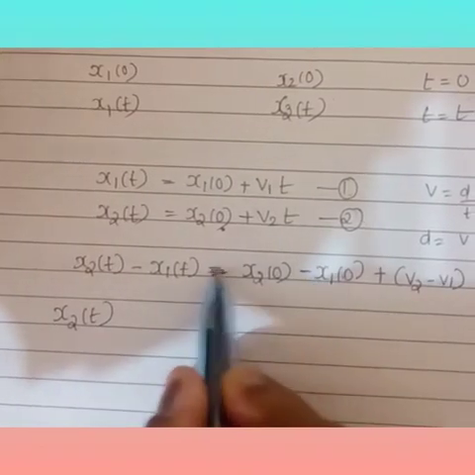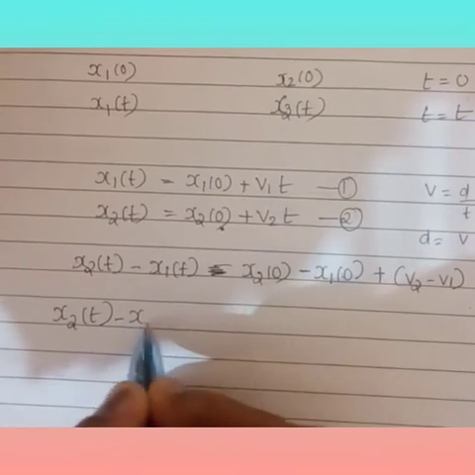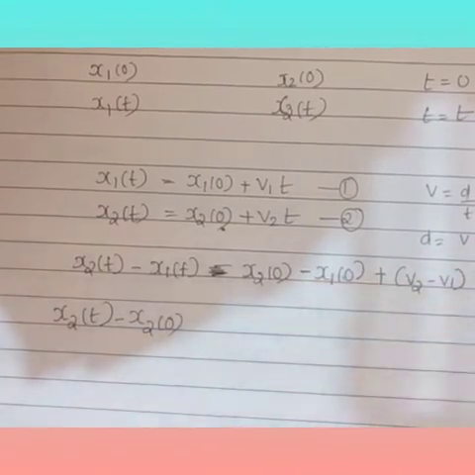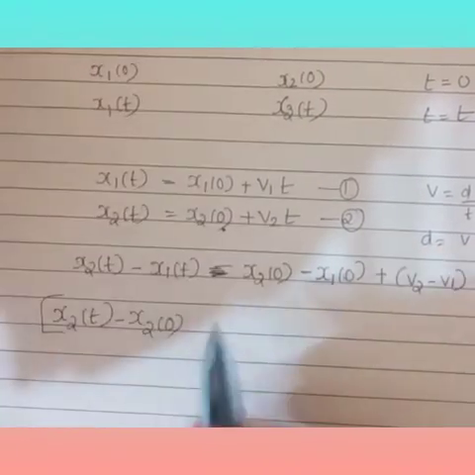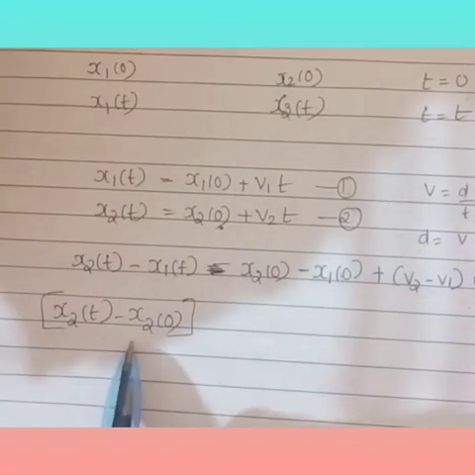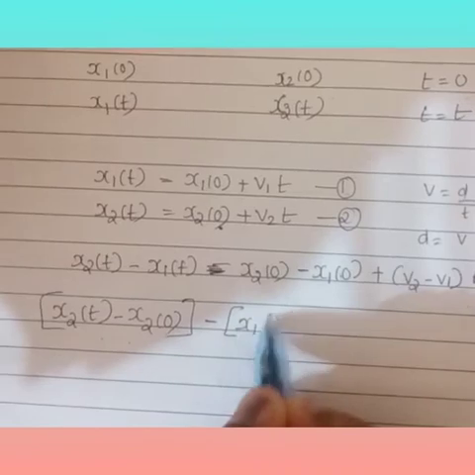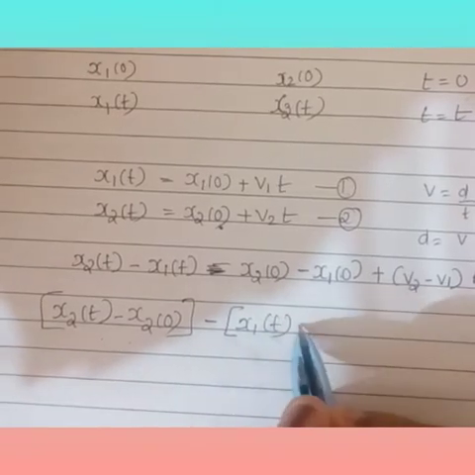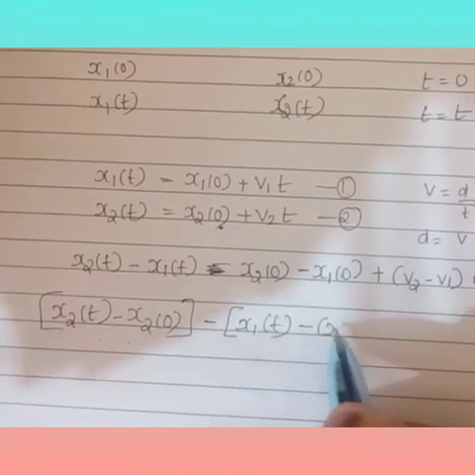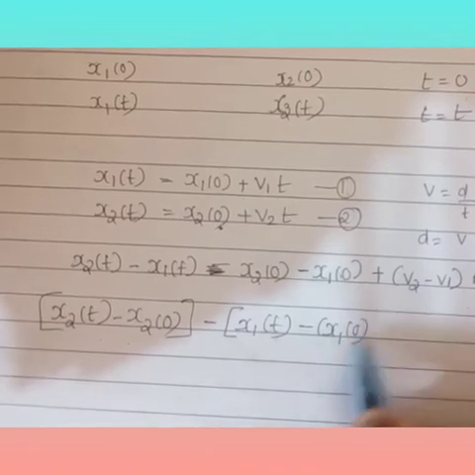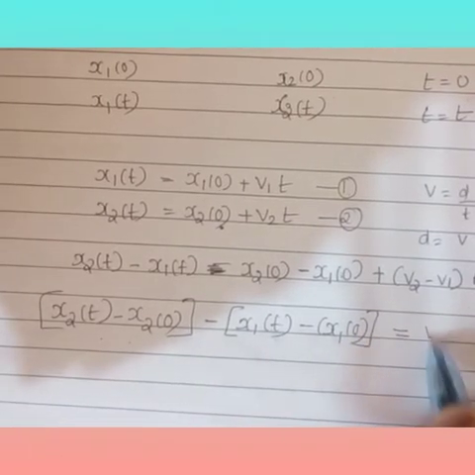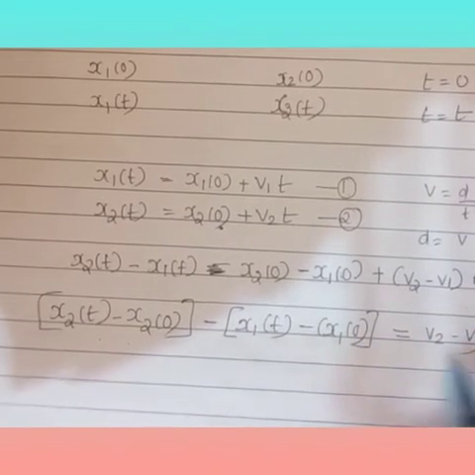Then we can write it again as x2 t minus x2 0 minus x1 t minus x1 0 is equal to v2 minus v1 into t.